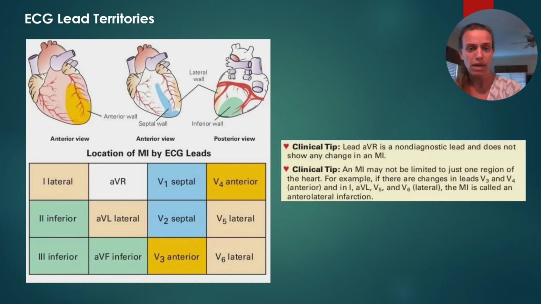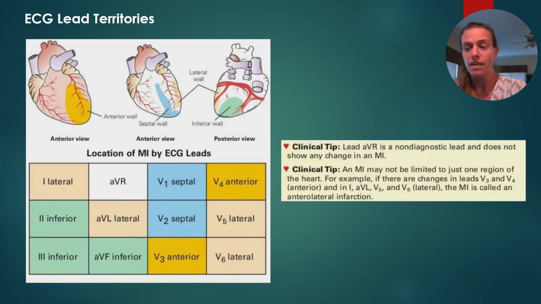You can also see in the pictures up there at top, the colors of the boxes below align with the colors highlighted on those particular areas of the heart. Okay, and those colors also help you identify the contiguous leads, which of the sections of the EKG are associated with the same section of the heart.